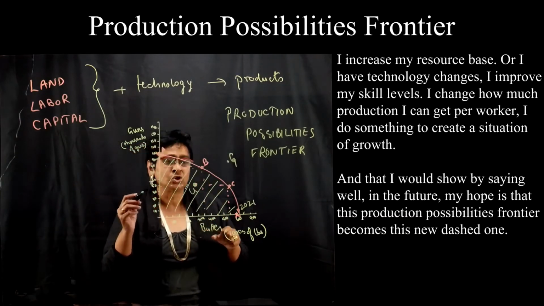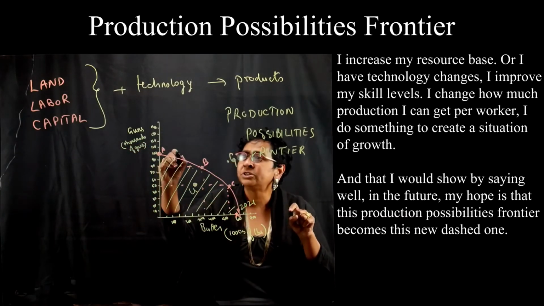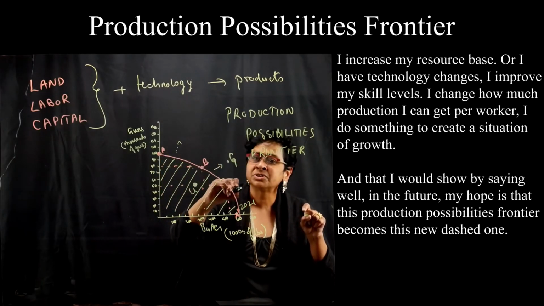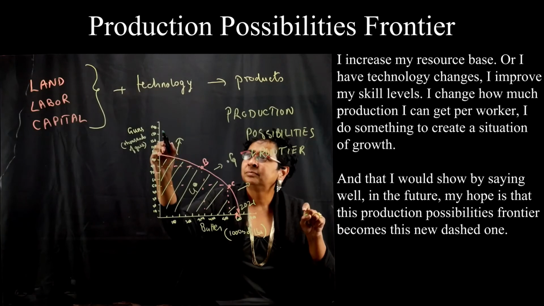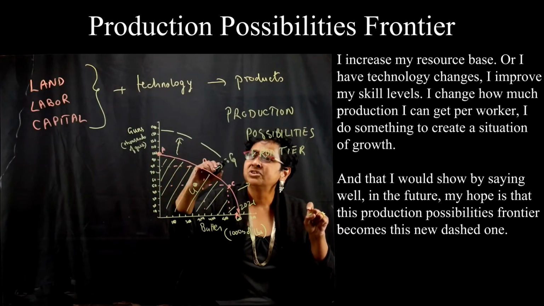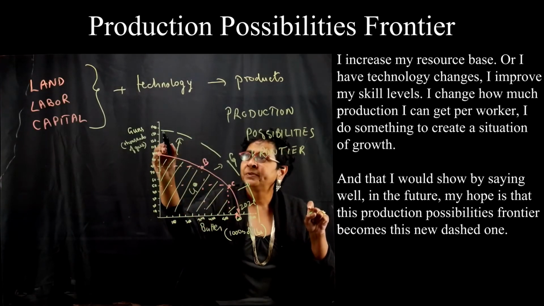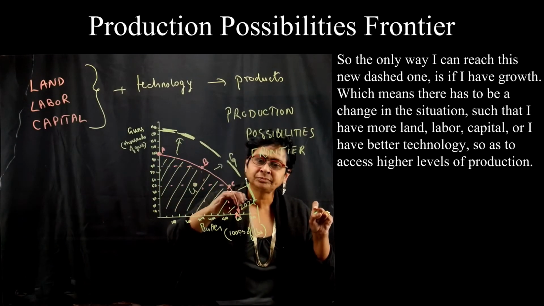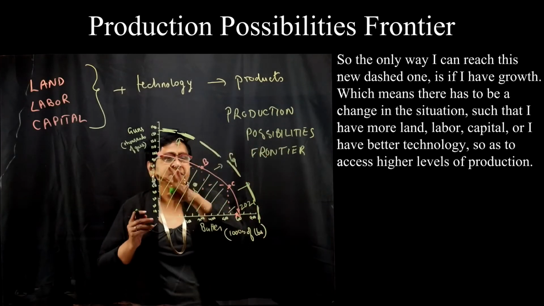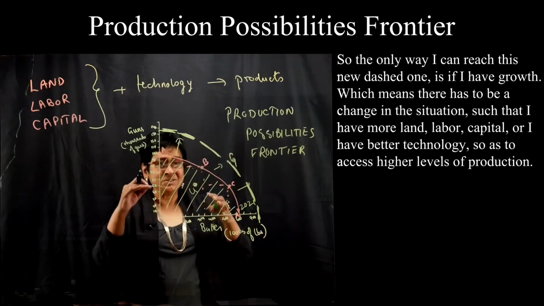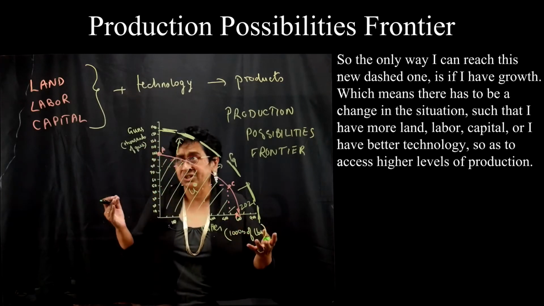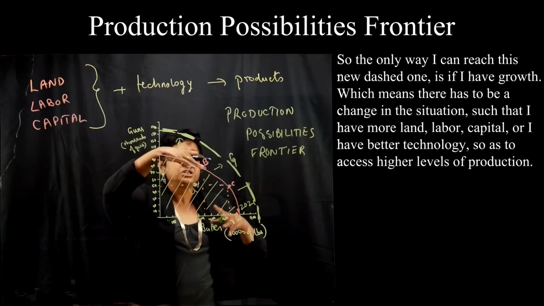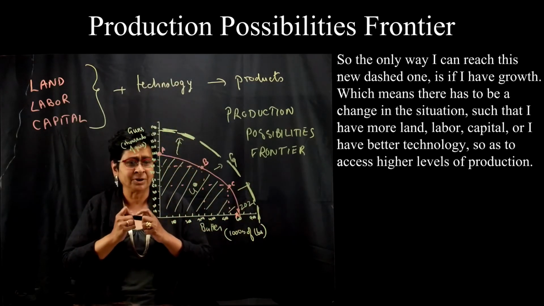And that I would show by saying, in the future, my hope is that this production possibilities frontier becomes this new dashed one. The only way I can reach this new dashed one is if I have growth, which means there has to be a change in the situation such that I have more land, labor, capital, or I have better technology so as to access higher levels of production.